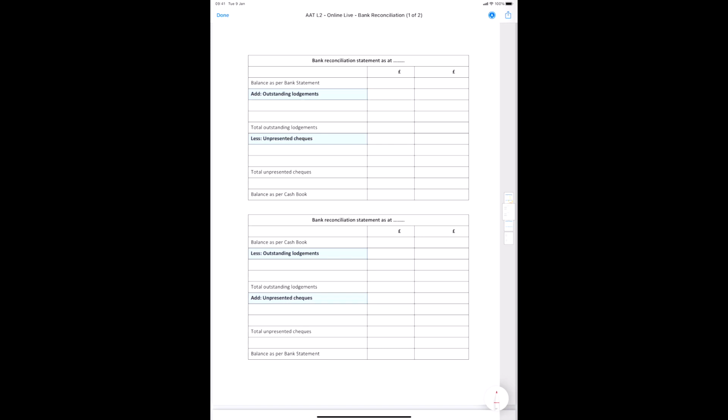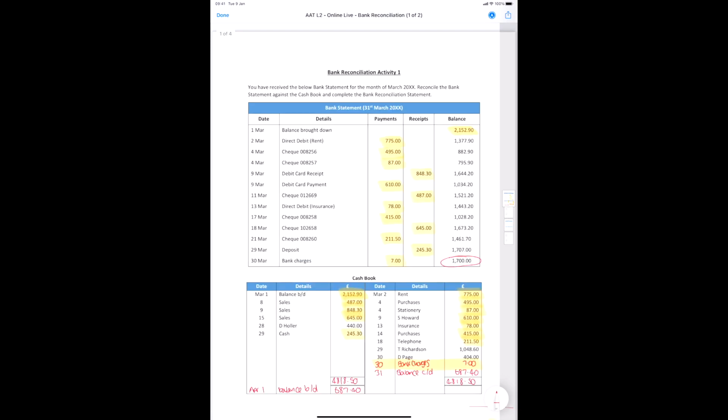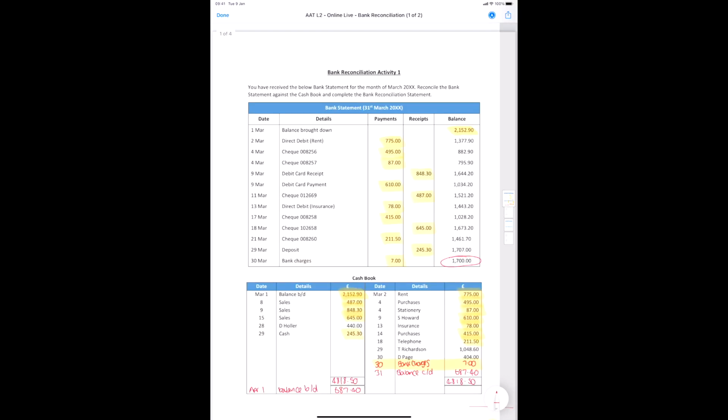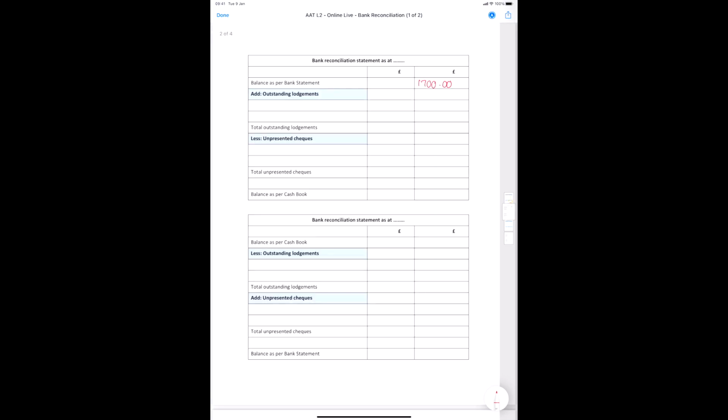Our balance in our bank statement is the £1,700 circled there. So we can enter that here. Our outstanding lodgements are our debit entries in the cash book. So this is D Holler for £440. So we'll add that into here.